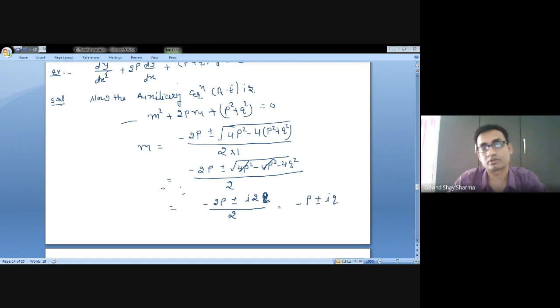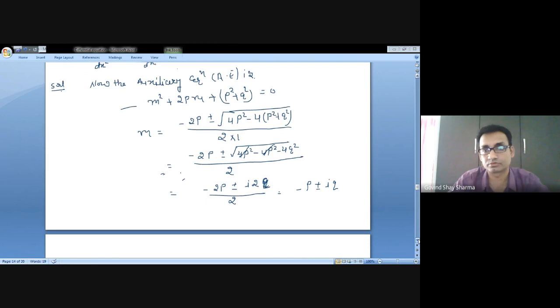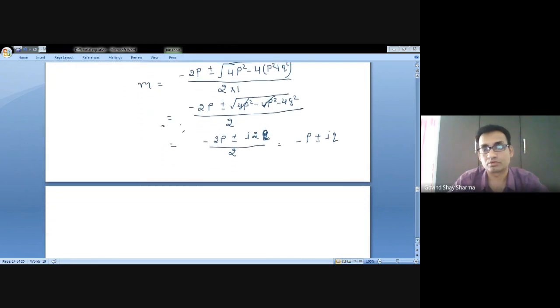Common cut by 2, so this becomes minus p plus minus iota q. Now this is the form of alpha plus minus imaginary form.